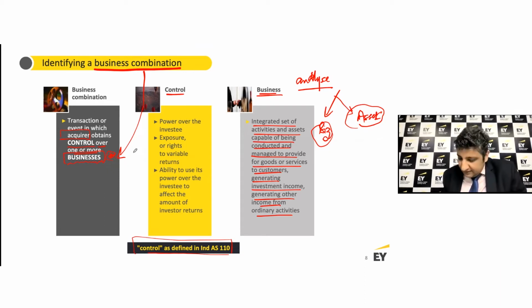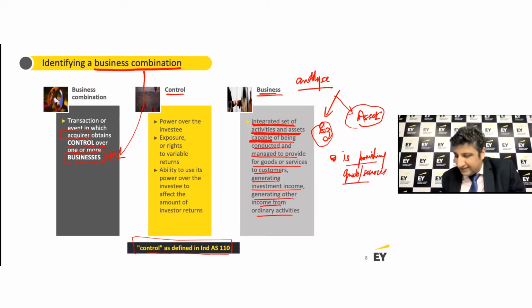The key element that you want to pick up from this entire definition is that a business is basically an integrated set of activities and assets capable, and this is again important, capable of being conducted and managed to provide for goods or services. It does not anywhere state within the definition that it is providing goods or services.